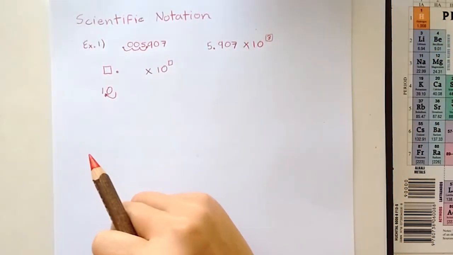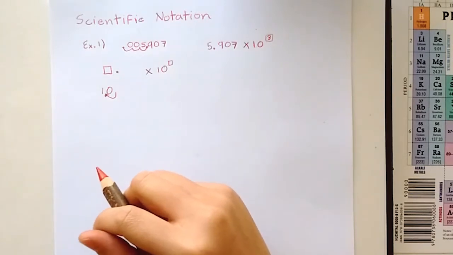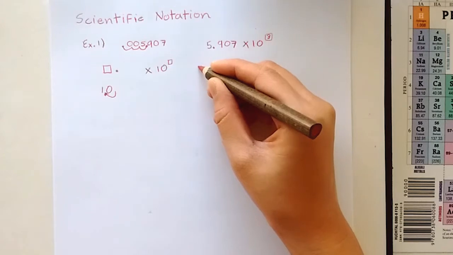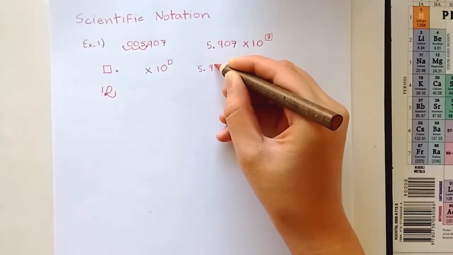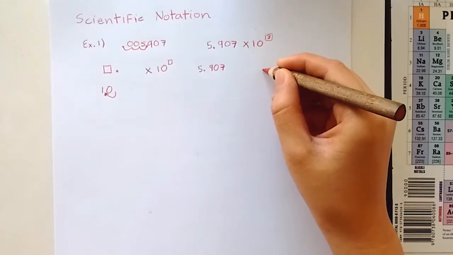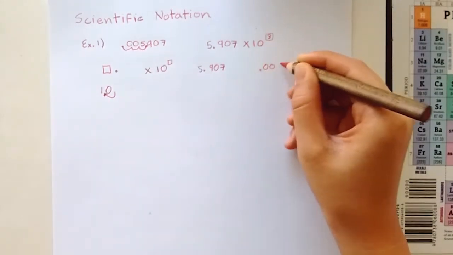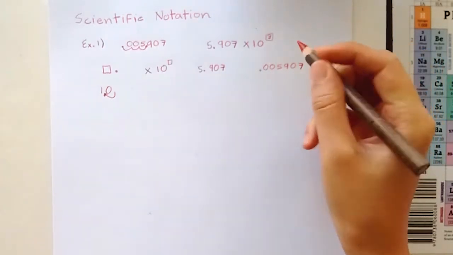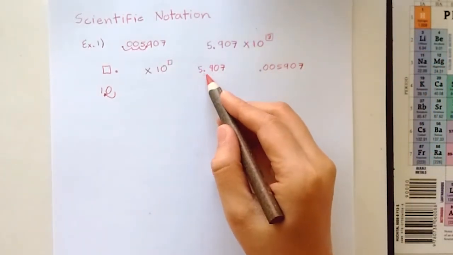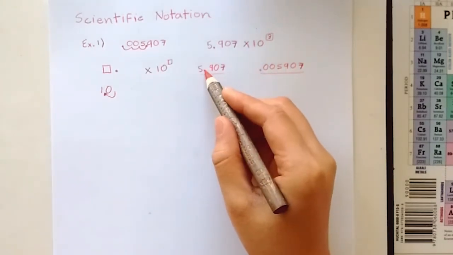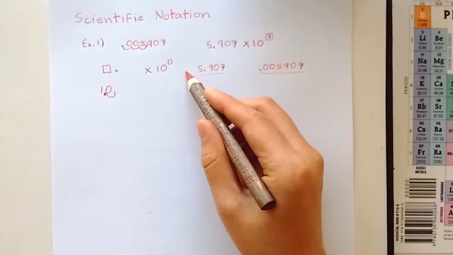One way of thinking about whether it's going to be positive or negative is to see from this value to this value. So from this to get here, we have to move the decimal point to the left.